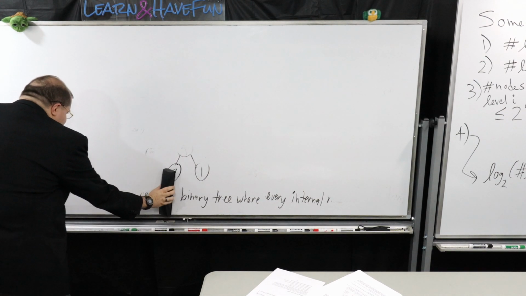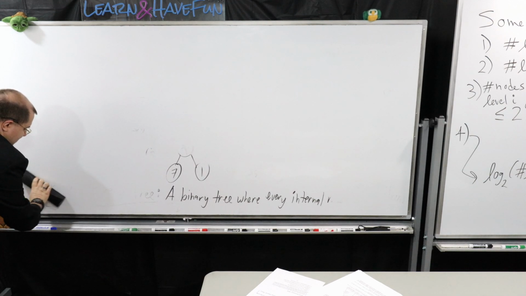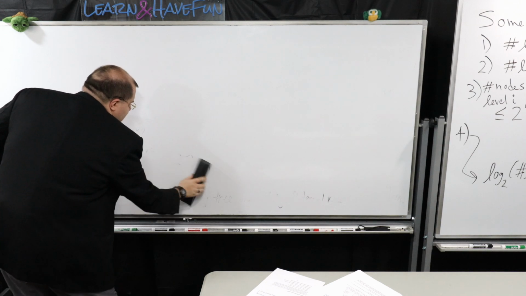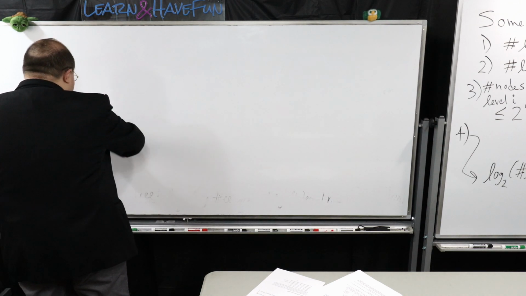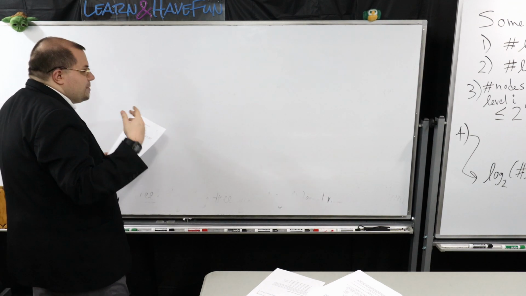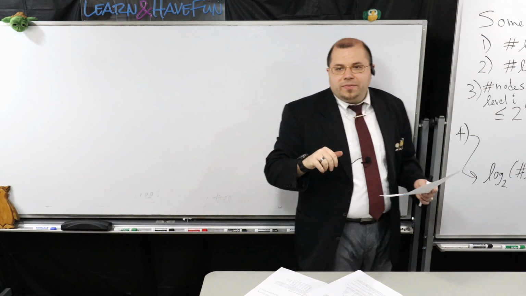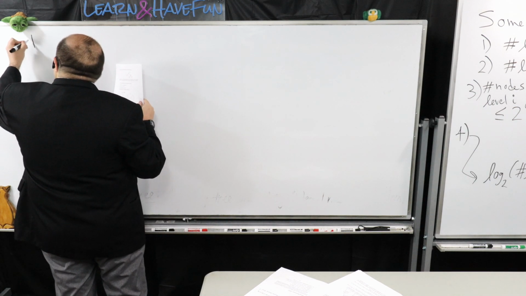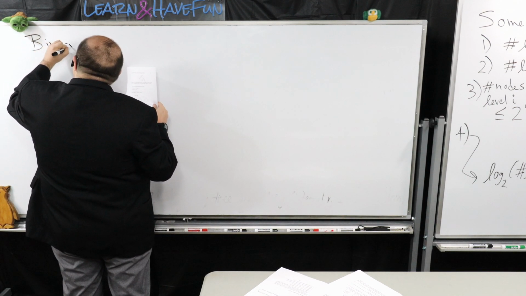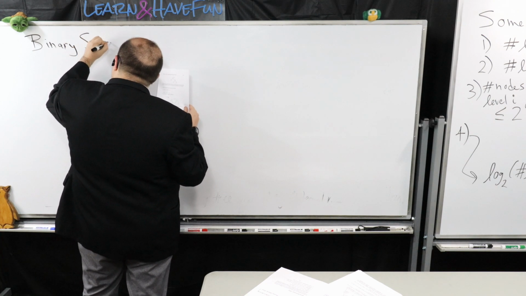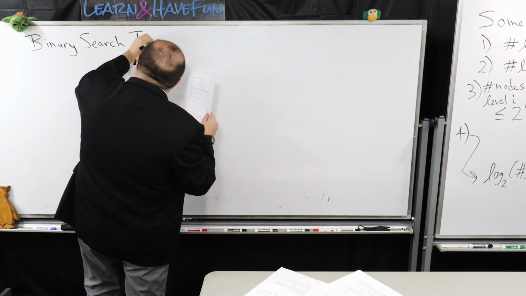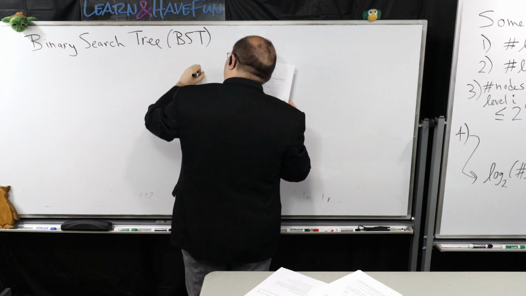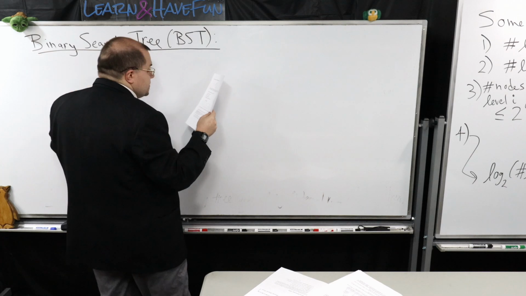Okay, so let's get on this. We're going to define this as the following, because then we can know all these properties, and very often it'll help us prove claims a little easier. So I'm going to define a binary search tree. You can think of this as a formal definition. I'll always call it a BST after this point.